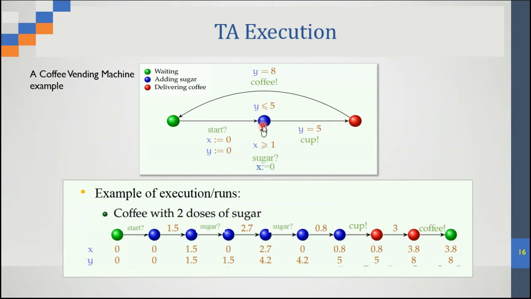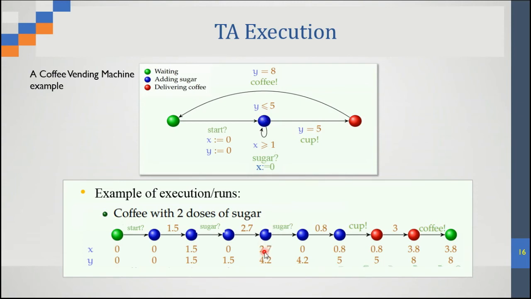So we go back to blue again. So x is reset because we have here x equal to 0, but y continues at 1.5. If we press sugar again one more time, it is the same: as much as we want, but it should be more than 1 and less than 5.